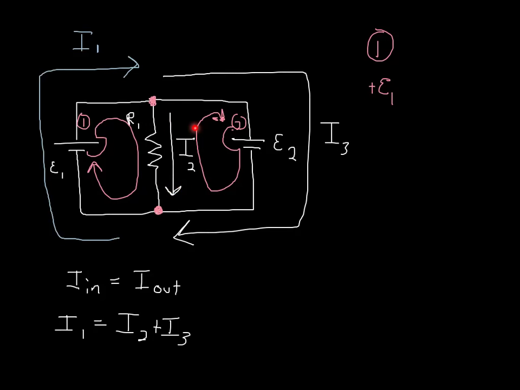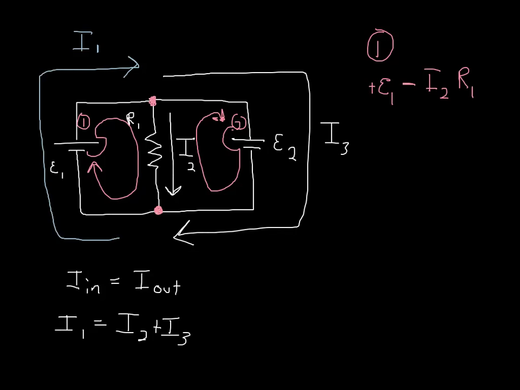The current flowing through this is I2. Since my loop and my current are going in the same direction, I have a negative drop in potential. I have a negative I2, the current in the actual branch that my resistor is in, times the resistor, R1.